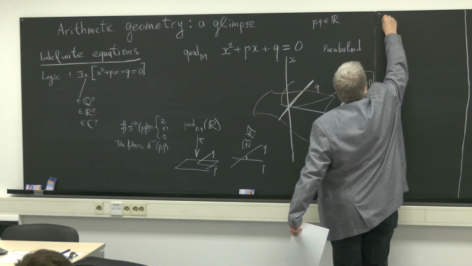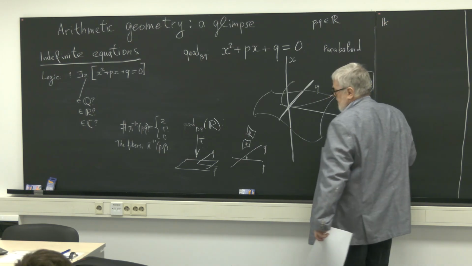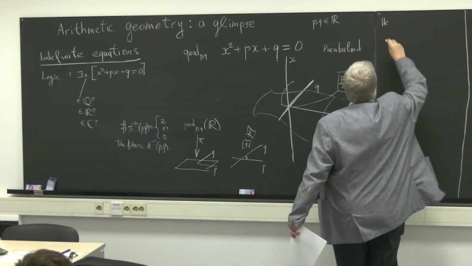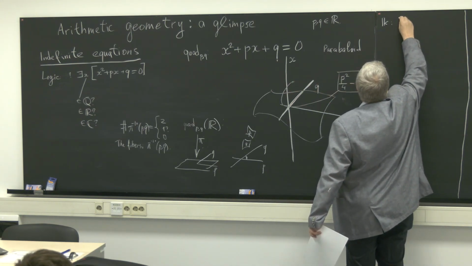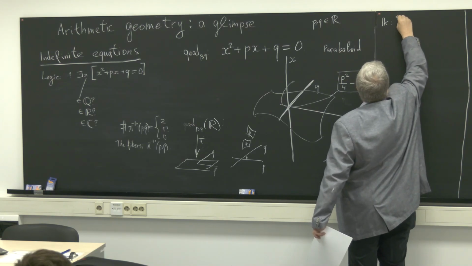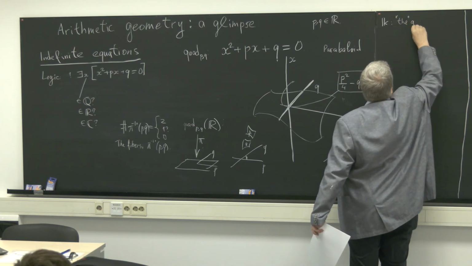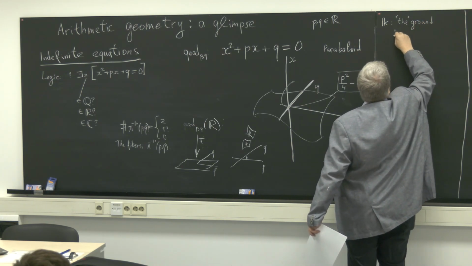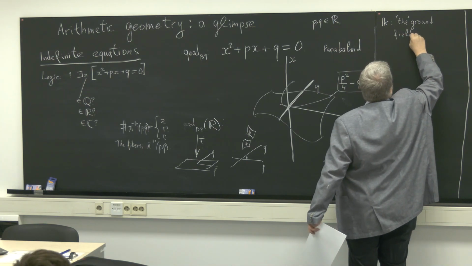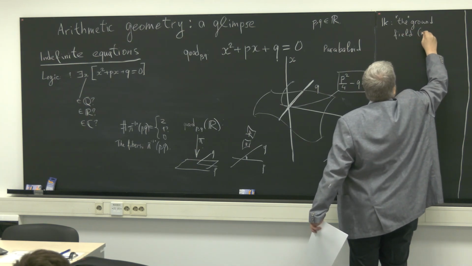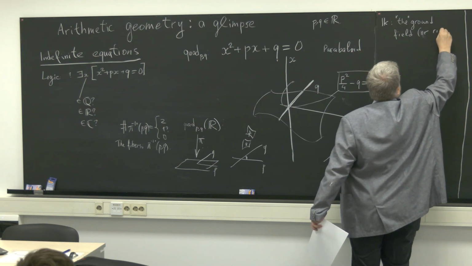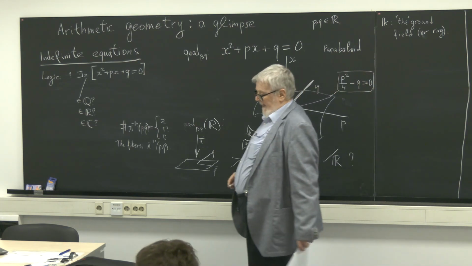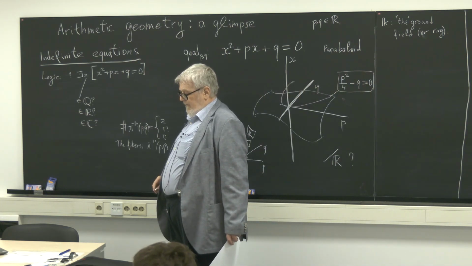This special letter K with a special TeX character will be the ground field, or sometimes ring. But the standard notation is, however, for fields.